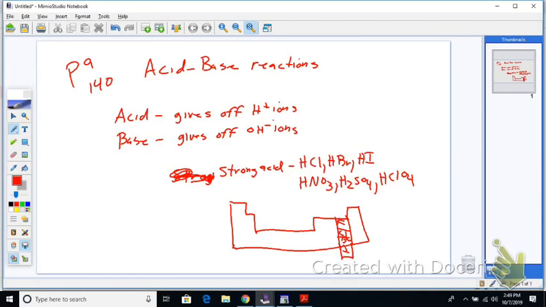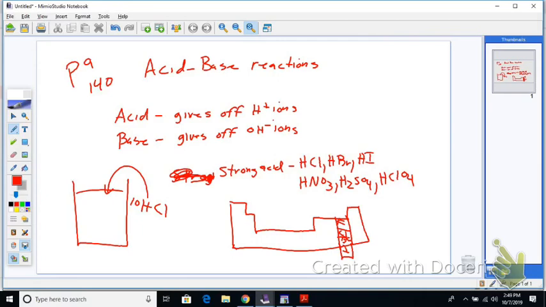And do you remember what makes a strong acid have that characteristic? What would make it strong? When we put it into a container, if it's HCl, what do we know it's going to do? If I put 10 HCls in the container, what are they going to look like?